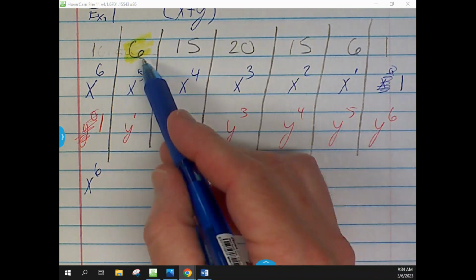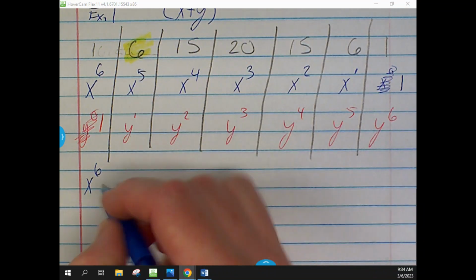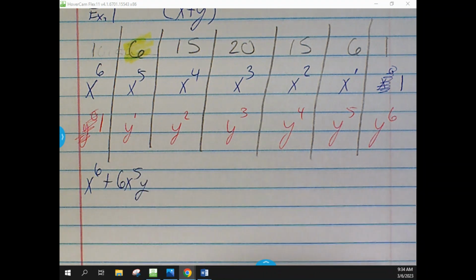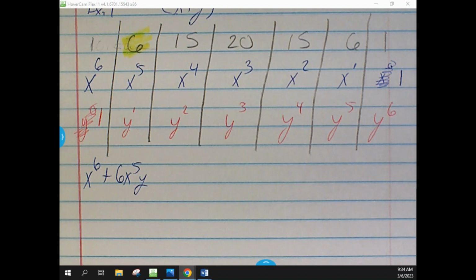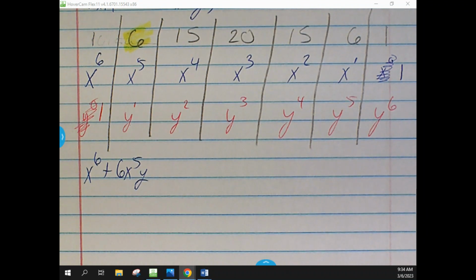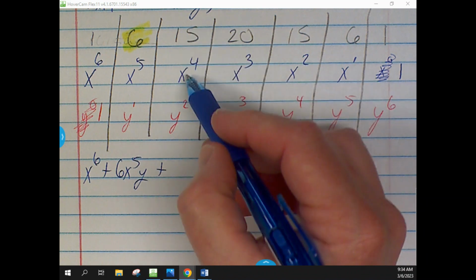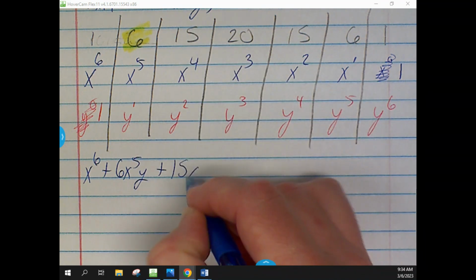We've got 6 times x to the 5th and y to the 1st. So it's 6 x to the 5th. And if it's y to the 1st, we can just leave it as y. We don't have to put the 1 there. And then the rest of the way, we're just going to multiply it out. So it's 15 x to the 4th y squared.